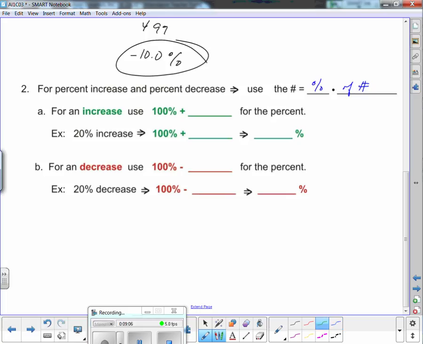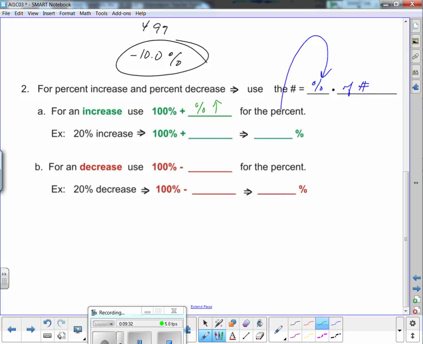For an increase, use 100% plus the percent increase for the percent. And what do I mean for the percent? For the percent in the problem of the number equals percent times the of number. So for example, let's suppose we have a 20% increase.